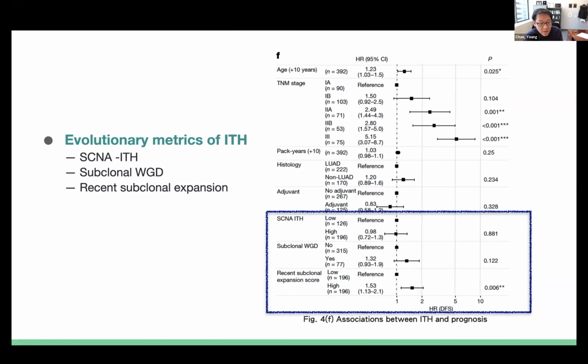I'll show the figures in the next slide, but in terms of disease-free survival, all 3 had a statistically significant association, but only the recent subclonal expansion had additional prognostic value. That was interesting.